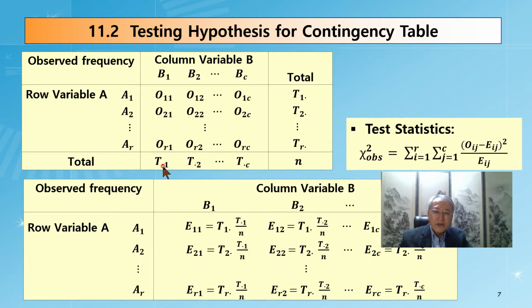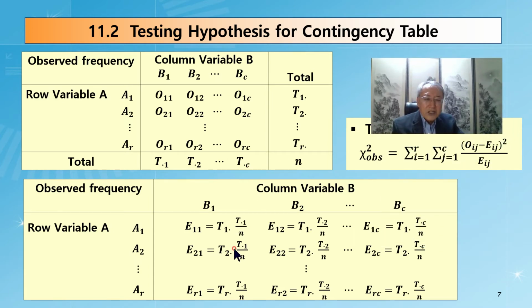Out of n, this amount is t dot 1, the first column, second column, and so on. You calculate the proportion that is here. These are the proportions. On each row total, you multiply this kind of proportion. That will be the expectation.